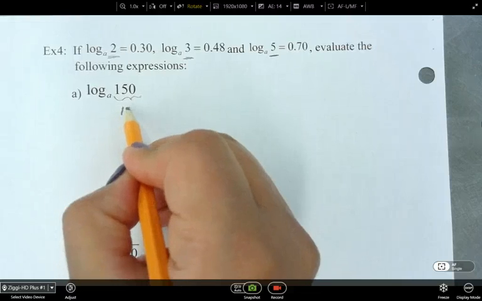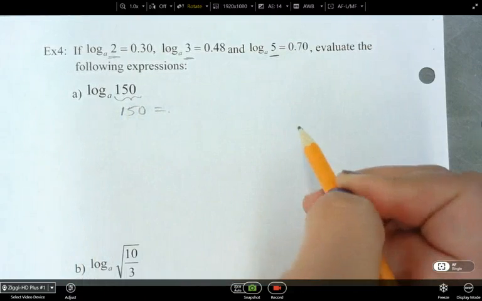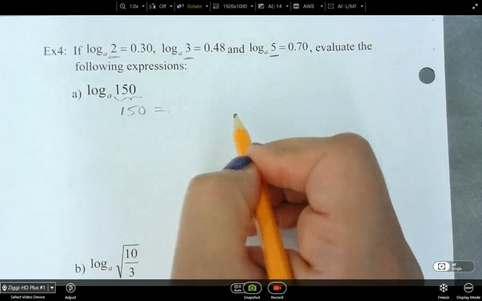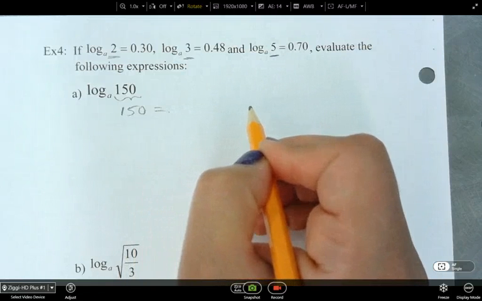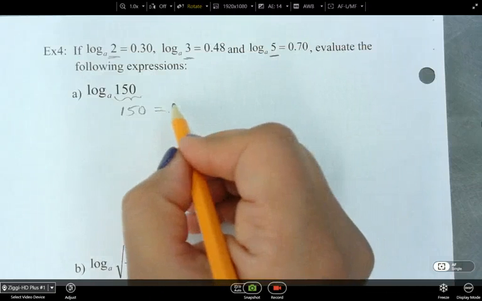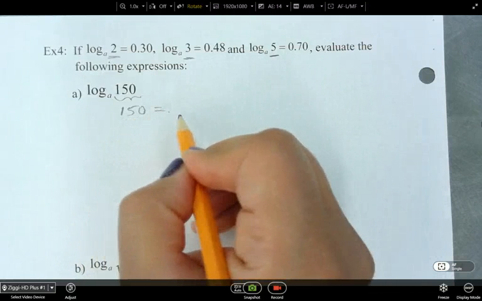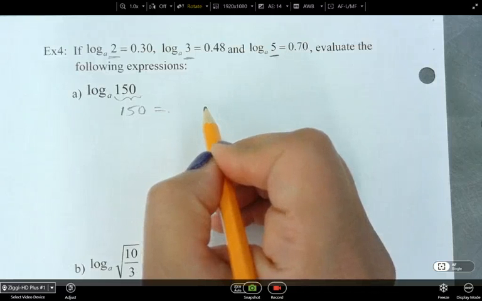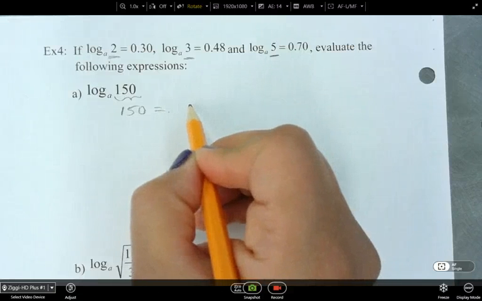So what is 150 in terms of its factors? It's 15 times 10, right? So let's organize. 15 times 10, 5 times. Okay, so let's break it down to its prime factors.